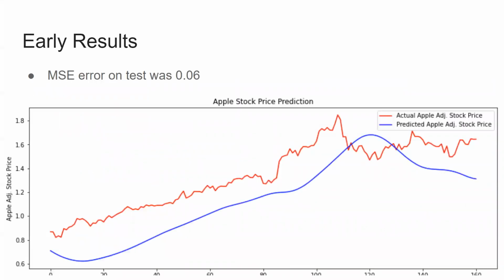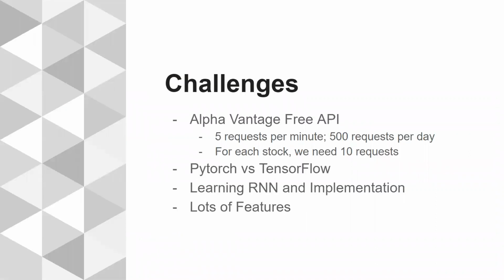When we fit the data onto the price, in blue is the predicted Apple adjusted stock price, compared with the actual Apple adjusted stock price. What we found was an MSE of 0.06.